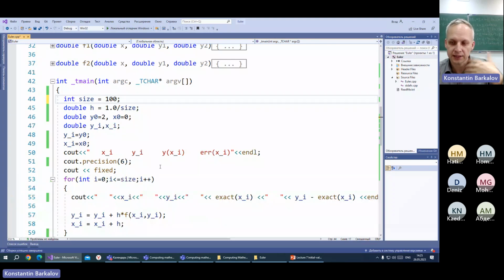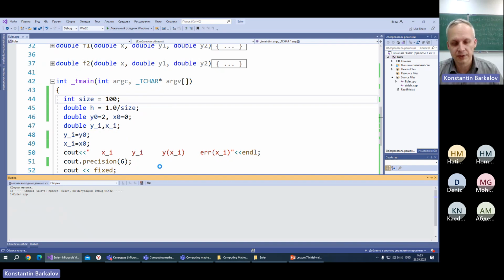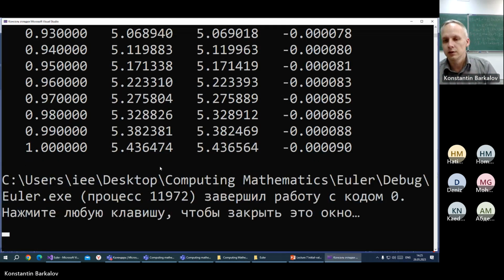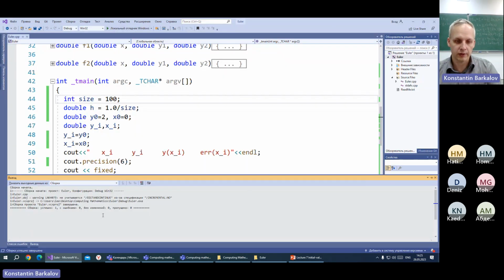If I decrease the step, which means that I increase the number of steps, the error becomes 100 times smaller. Very powerful method.